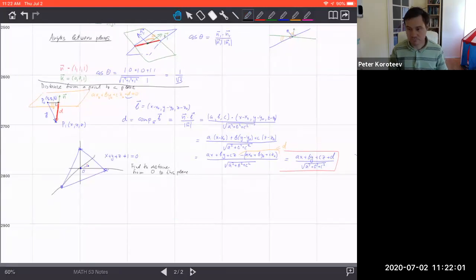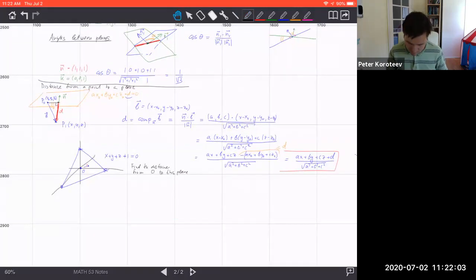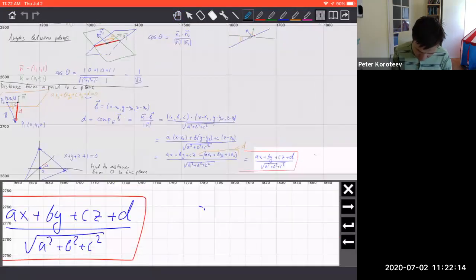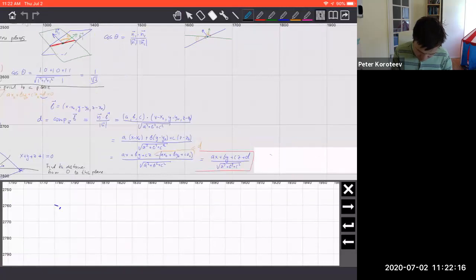Okay. That's right. So here the calculation is really quick, right? If you use this formula, we can plug it in here. So the coordinates.